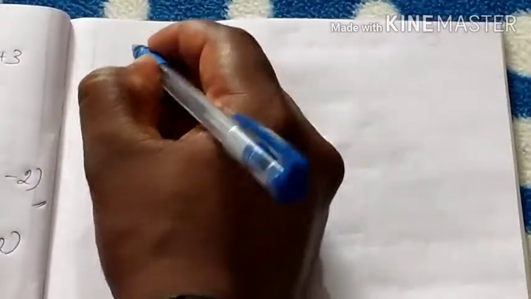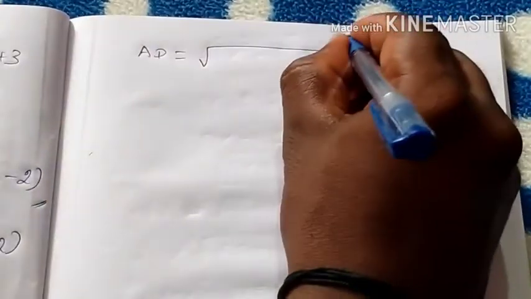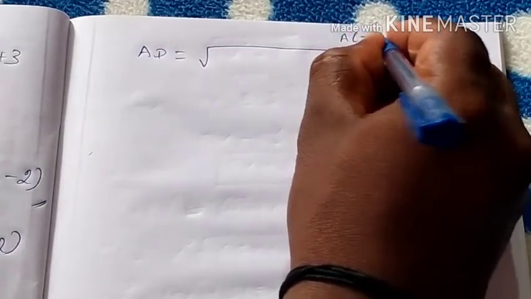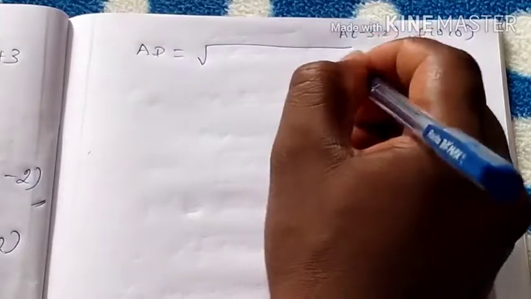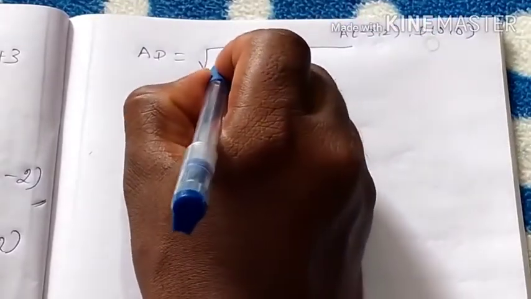Okay, then find the distance AD, the distance between the points A and D: the square root of, now consider the point A is minus 3 comma 2 and D is 0 comma 0. Apply the formula x2 minus x1 the whole square.